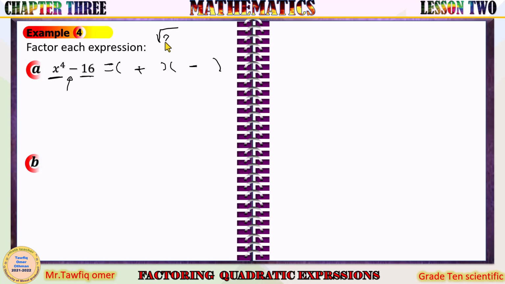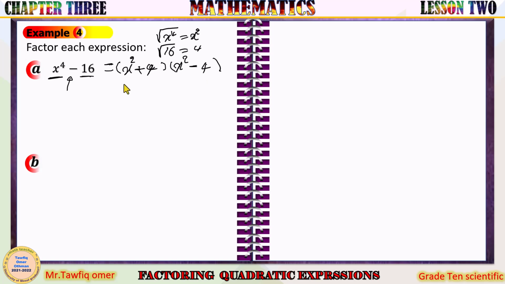The square root of x to the power 4 is x to the power 2, and the square root of 16 is 4. So we write x squared here and x squared here and 4 here and 4 here too.